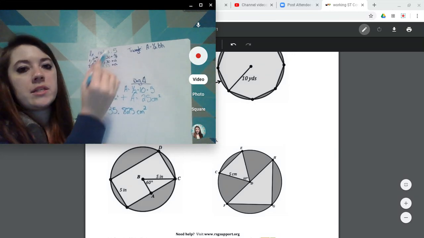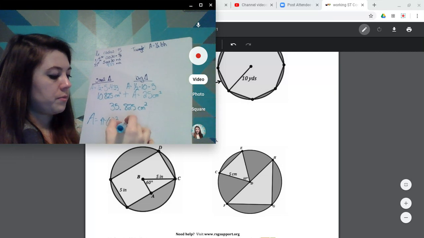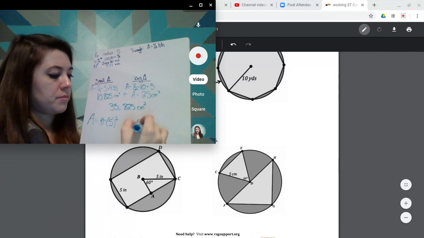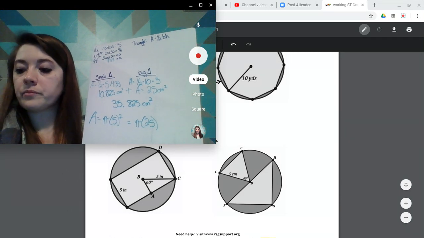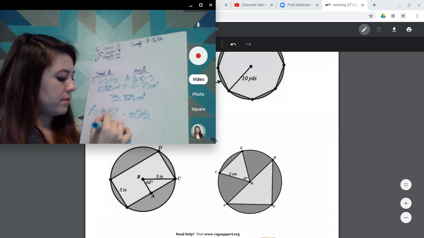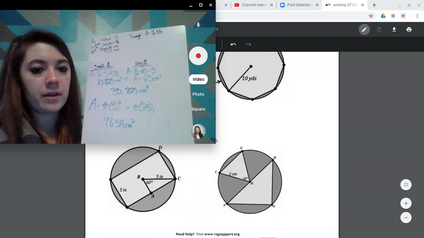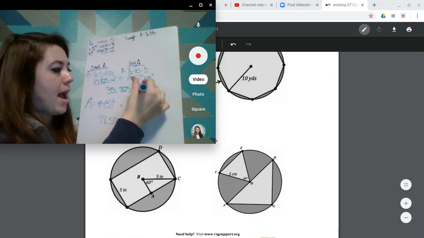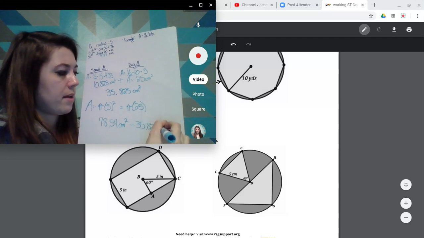Our radius we know is 5, so 5 squared, which equals pi times 25. And so 25 pi is 78.54 centimeters squared. Now, we subtract the 35.825 from that.